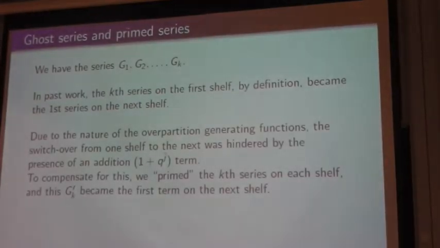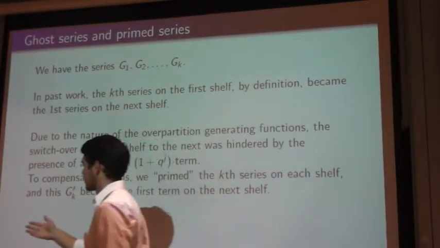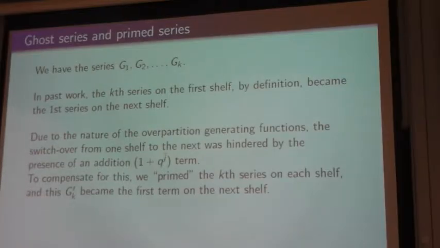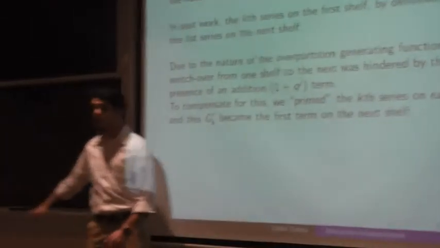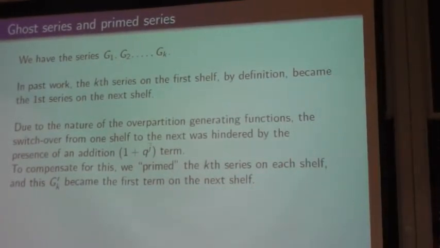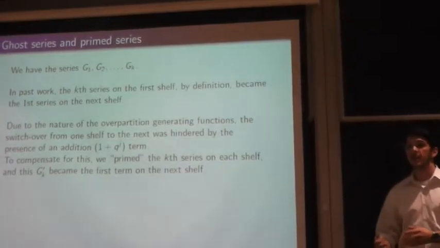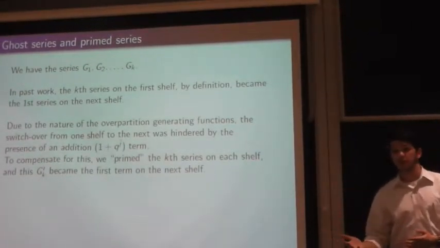So we have that picture for our shelves. In terms of jumping from shelf to shelf, we see that this G sub k is the first one on the next shelf. And then to get from here up to here, we divide by pure powers of q as we had throughout the generation of the rest of these series. But the difficulty that arose with the overpartitions is that we had that additional 1 plus q to the j term.